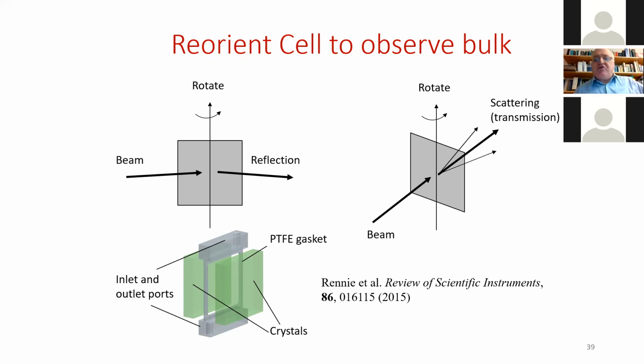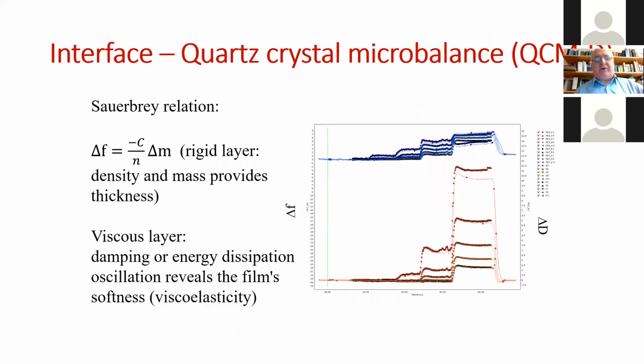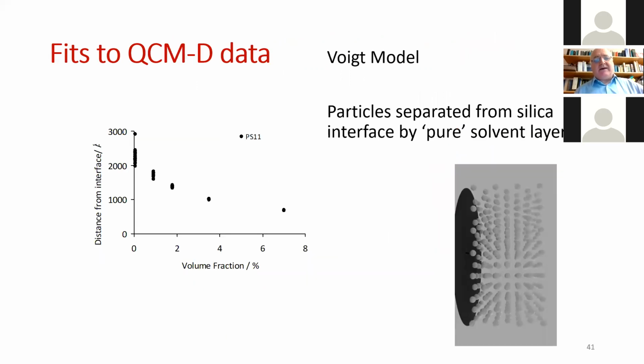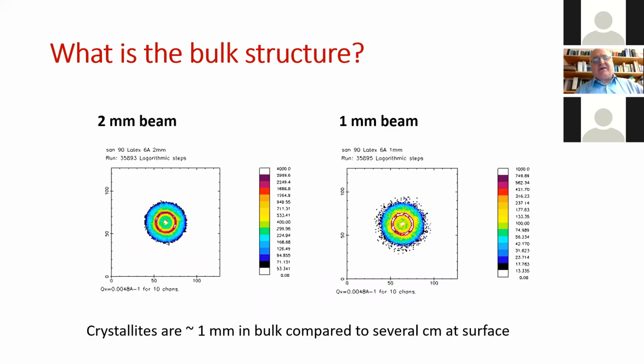But with the neutrons, we can actually do something rather simple. We can turn that reflection scattering cell around so that we can look straight through the sample, and we can see what happens when we have a different size beam just going straight through the sample.